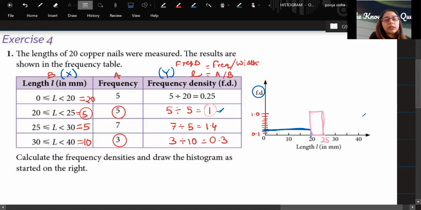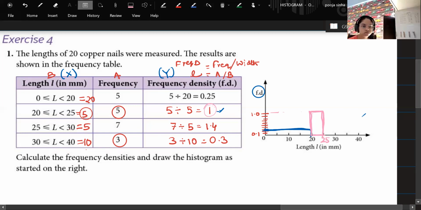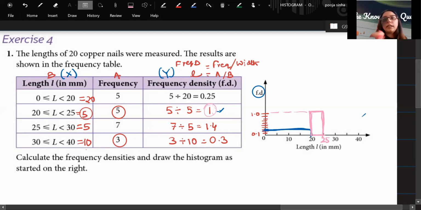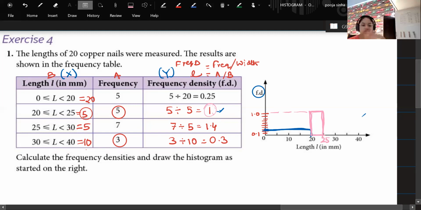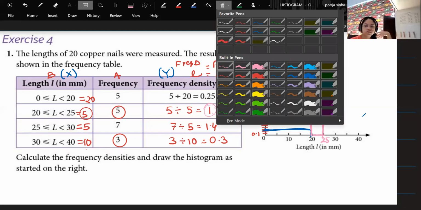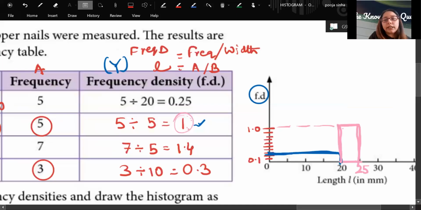The second one is 20 to 25. So how did we draw it? We went from 20 to 25, and the height is up till 1, because this is 1. So that's why it is so wide in the first one, because it's 0 to 20. Now for the next one, the height is 1.4.